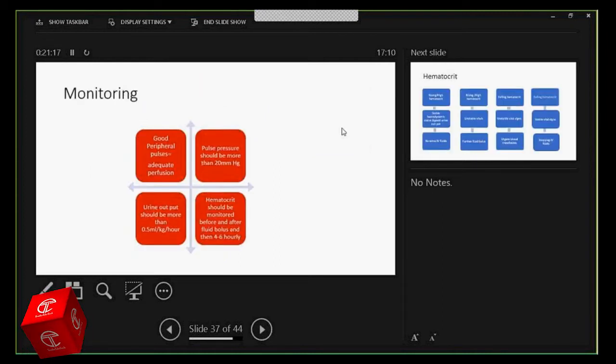So monitor vital signs and peripheral pulses. Clinically, you should be able to feel good peripheral pulses, which means that the patient has adequate perfusion. The pulse pressure, the difference between the systolic and diastolic, should be more than 20 mmHg. Urine output should be more than 0.5 ml per kg per hour, and hematocrit should be monitored before and after a fluid bolus, and then again every 4 to 6 hours.